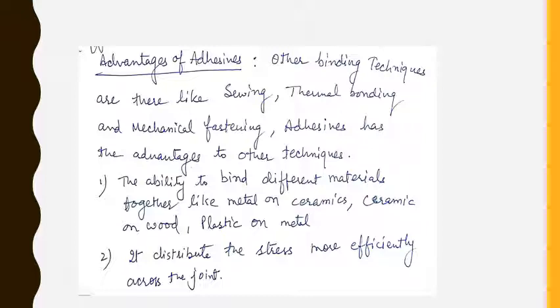The first advantage is the ability to bind different materials. This is only the ability of adhesives, not of mechanical or thermal processes. Like metal on ceramics, ceramic on wood, plastic on metal. So there is variation in the materials where we can use adhesive. That is the first most important advantage.